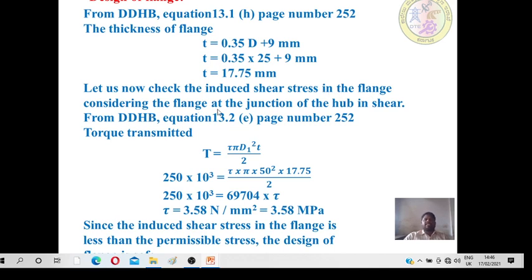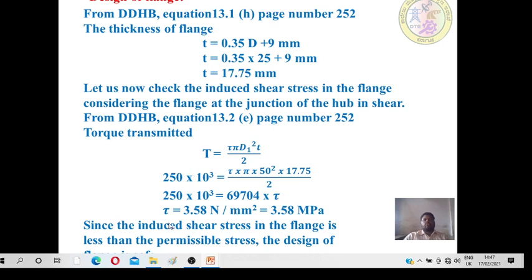Considering the flange at the junction of the hub in shear, we get the equation from the design data handbook, that is T equal to tau into pi into D1 square into T into D by 2. If you substitute T, pi, D1, then you will get the value of tau.